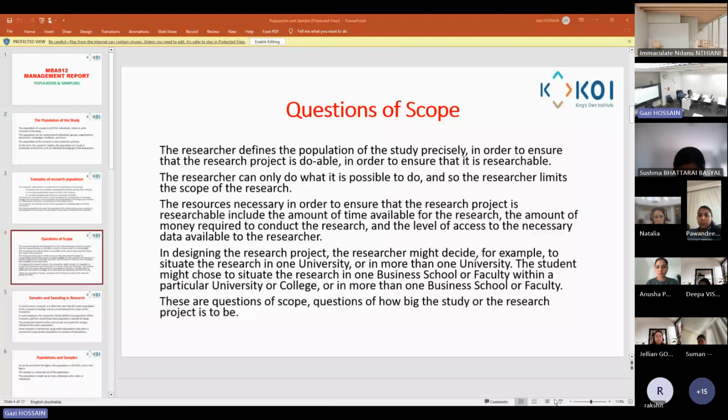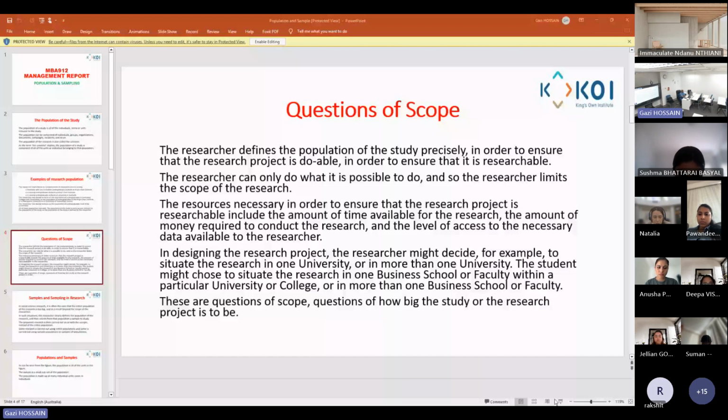Sometimes we do comparison, say job or employability of the graduates between Australia and Netherlands, for example, or Canada or New Zealand. So it may be possible, but when you are doing something very huge, it may not be possible.